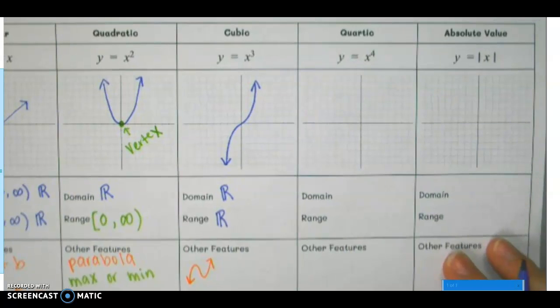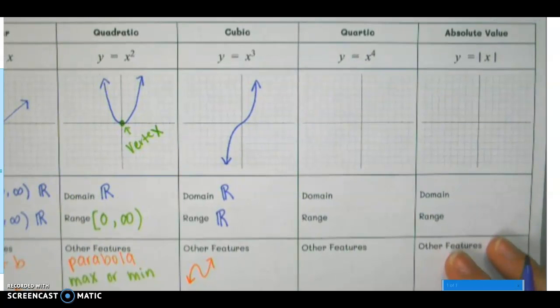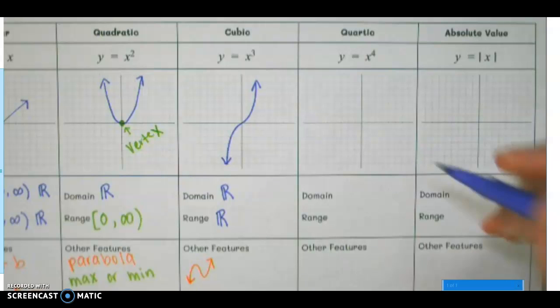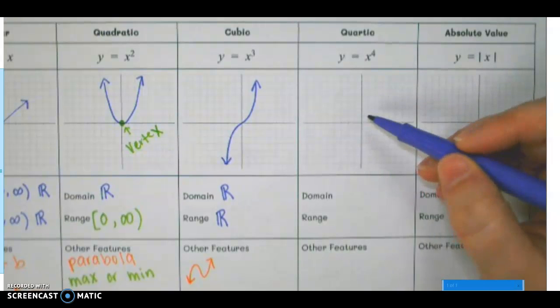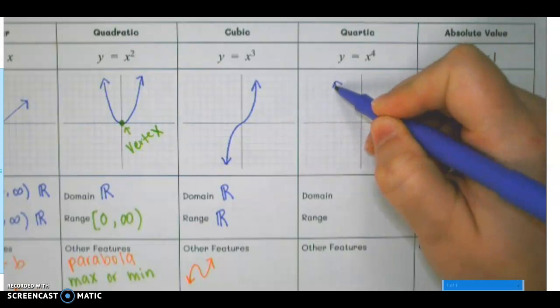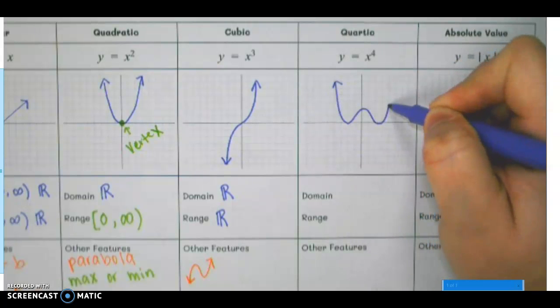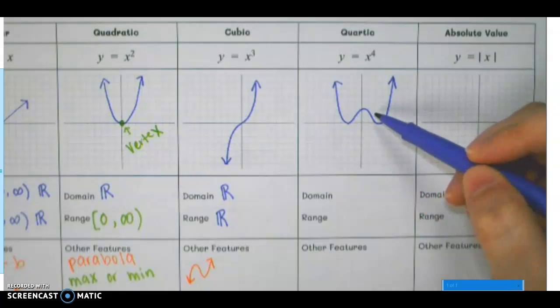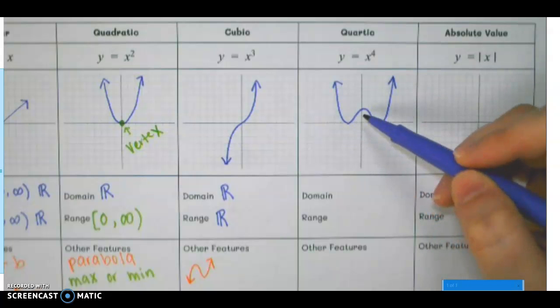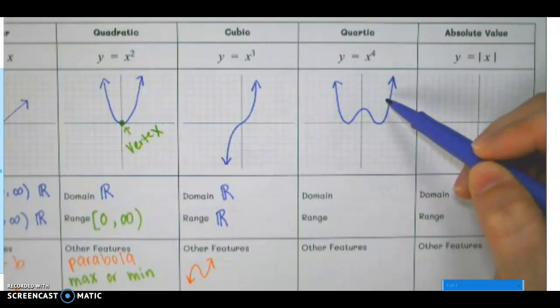All right, quartic has x to the power of 4 as the highest exponent. Now, the parent function for quartic looks exactly like quadratic. So I'm going to make this one look a little bit different so that you can tell. It's similar to the shape of quadratic, but a quartic will typically have a little maximum or something in the middle.